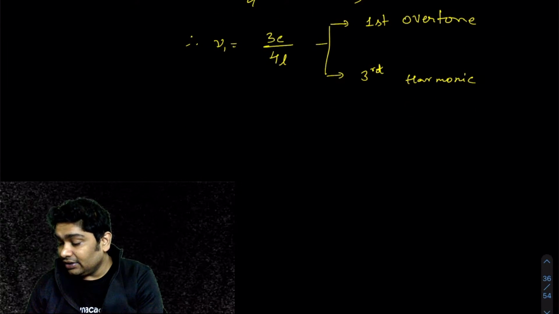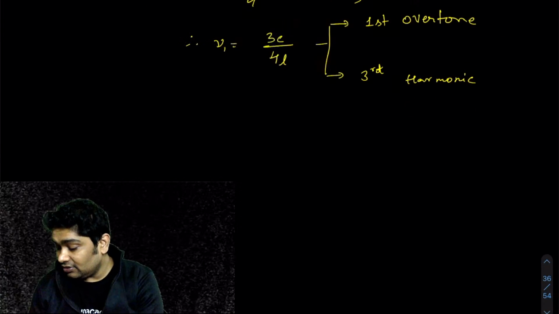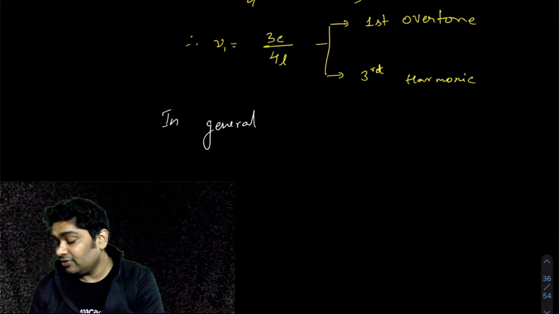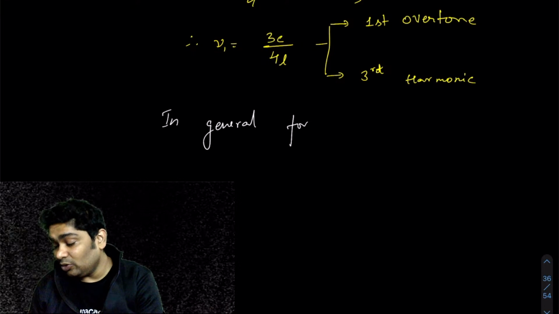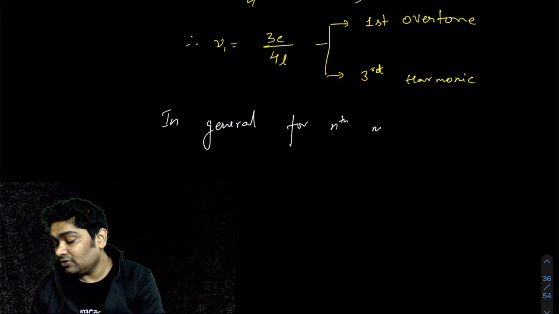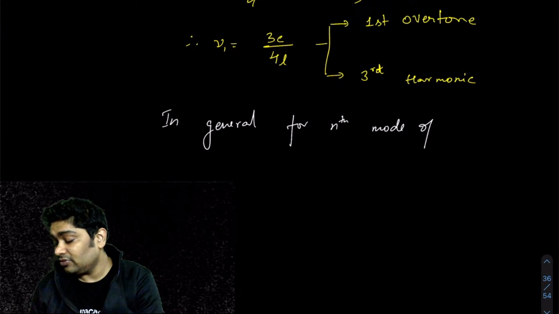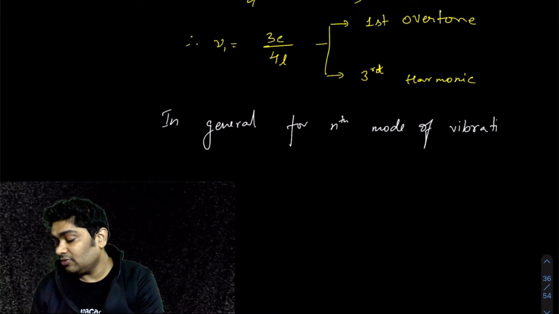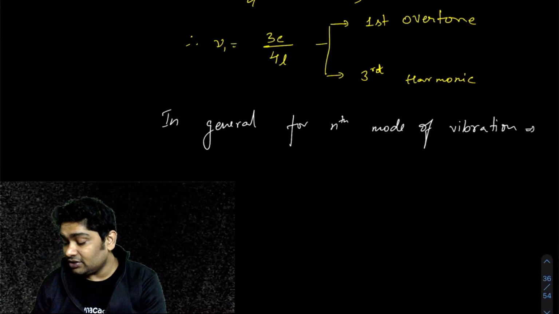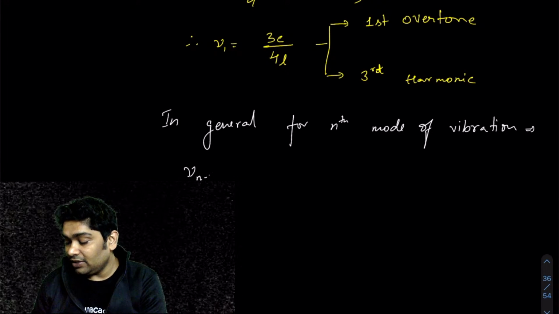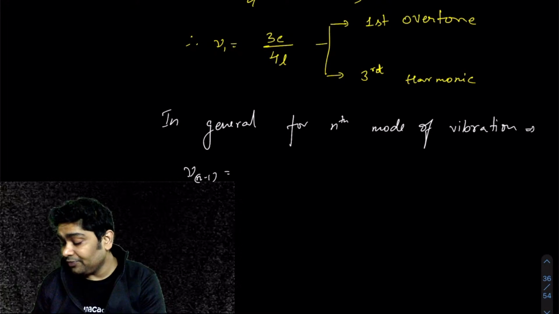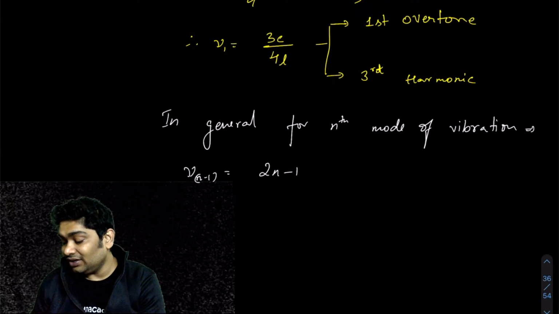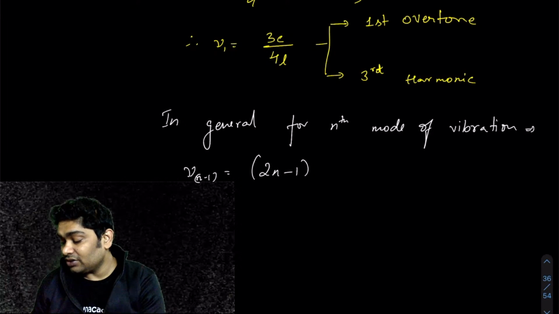So in general now, for nth mode of vibration, we realize this nu n equals (2n minus 1) C over 4L.